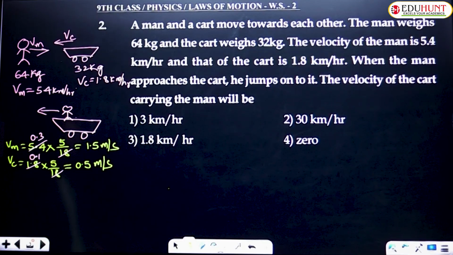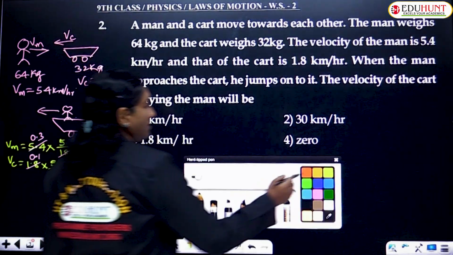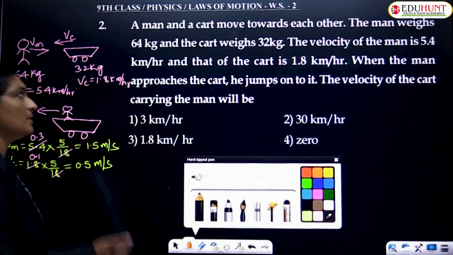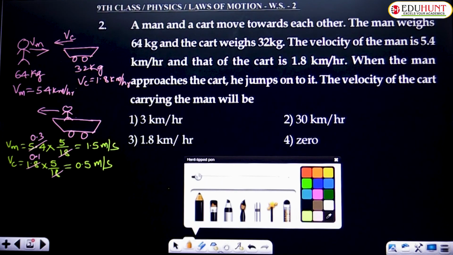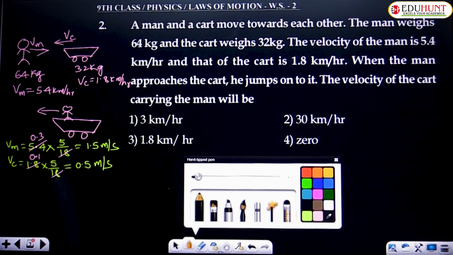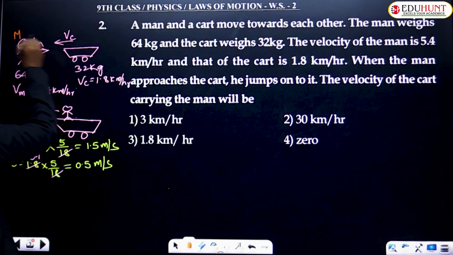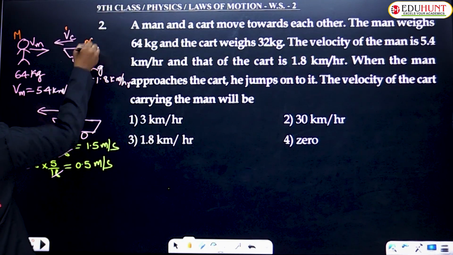Okay, now applying the law of conservation of momentum. According to the law of conservation of momentum, the total momentum before impact must be equal to the total momentum after impact. Before the impact means before the man has jumped into the cart, these are the individual conditions. So initially, suppose the mass of the man is M and the mass of the cart is small m.